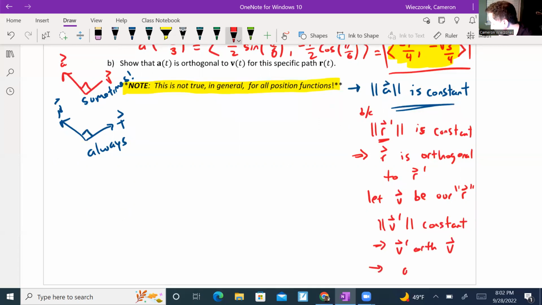So in other words, the acceleration is going to be orthogonal to the velocity. Again, this is only when the magnitude of v prime, in other words the magnitude of the acceleration, is constant.